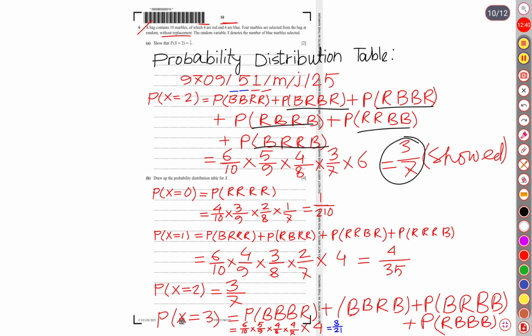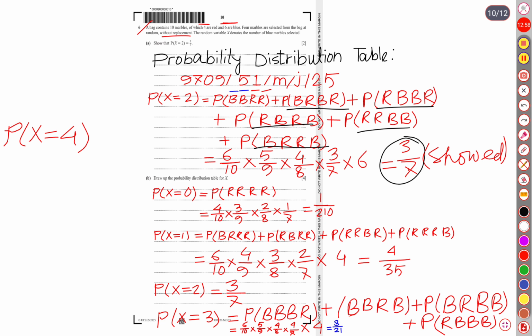Then the final case, there may be 4 blue marbles. So let us write the probability when x equal to 4.